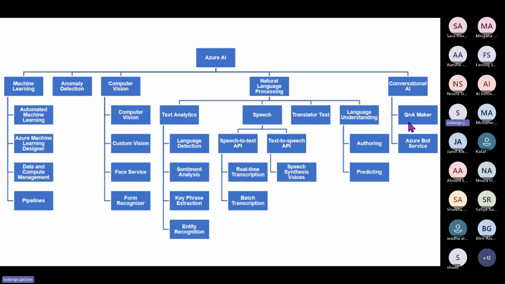The main APIs are anomaly detection and computer vision, which we will speak about a lot today. Underneath computer vision, we have custom vision. The difference between computer vision and custom vision is that in computer vision, you have specific APIs that are trained out of the box, pre-built.